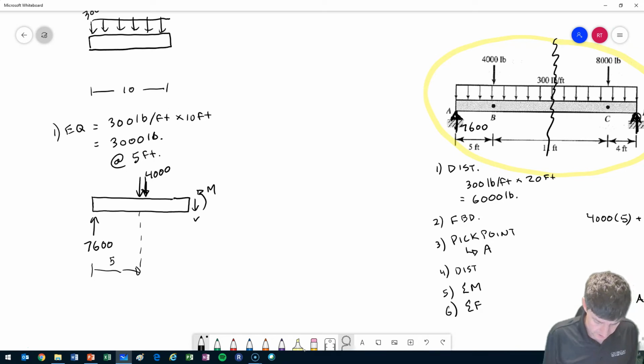So I have 4,000 and I have 3,000, or I guess I have a total of 7,000 at that point. Five feet to the cut, and as well my cut total length across is 10.